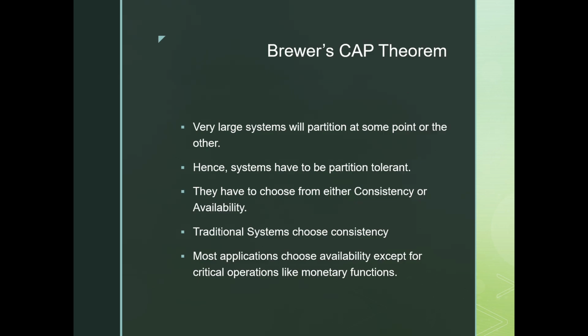Hence, the system must be partition tolerant. Therefore, we have to select between consistency and availability. Most traditional systems like banking systems and order processing choose consistency. But for web applications, where we require the data to be available most of the time, we have to choose availability.